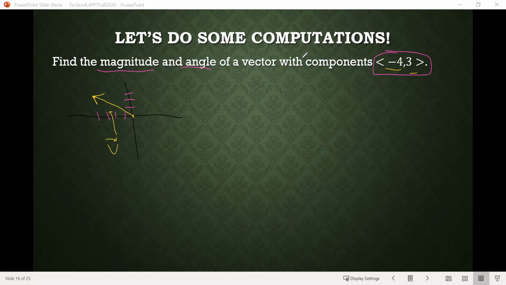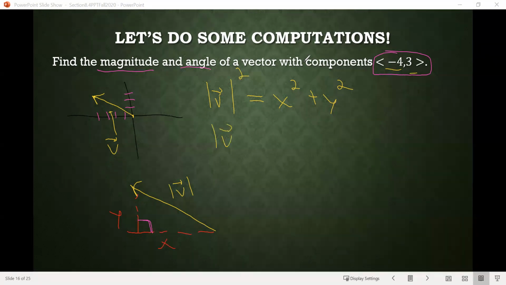We'll start by finding the magnitude of v. If you recall from a picture we had before, the x component goes along here, the y component goes along here, and the magnitude is like the hypotenuse of the right triangle that is formed. That means to find our magnitude from our x and y components, we can use the Pythagorean theorem. So x squared plus y squared, the horizontal component squared plus the vertical component squared, equals the magnitude of the vector squared.